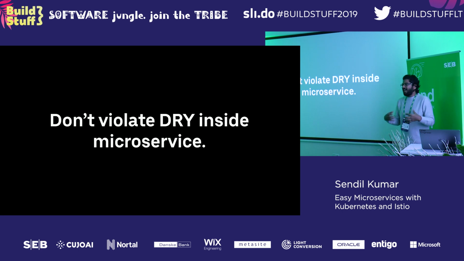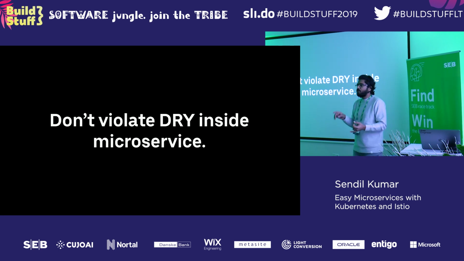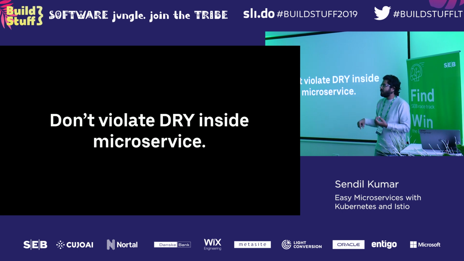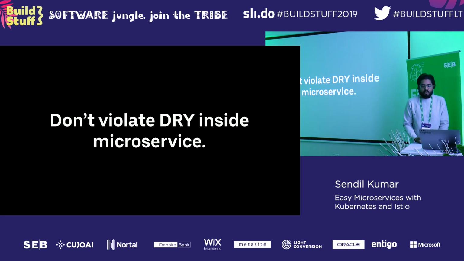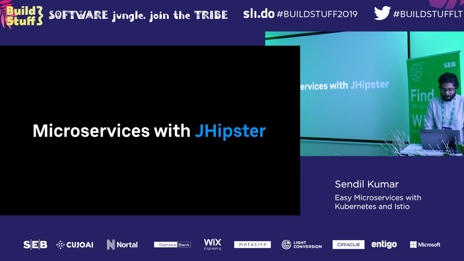But you cannot actually eliminate that completely. You have to live with it. But one suggestion that I can give you is, if you're writing a microservice, don't repeat yourself inside that microservice, and avoid worrying too much about how you can make a functionality available across microservices. So that is one thing that you have to decide. But for me, it's very hard to live with because I don't want to repeat the same code in different sections of code. So that is the other disadvantage that I see here.